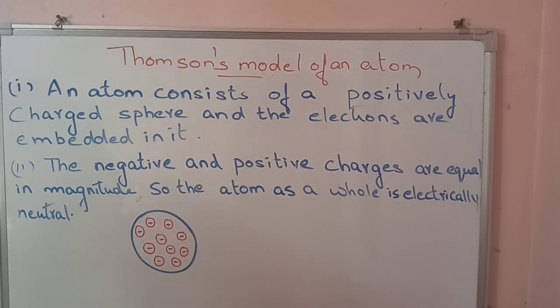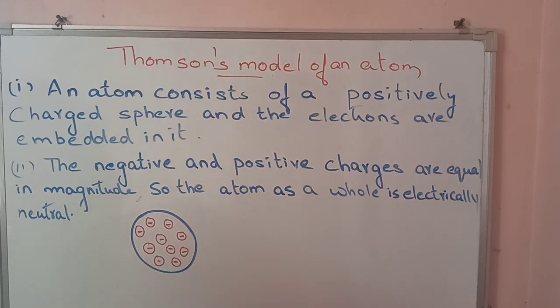This Thomson's model of atom is also called the watermelon model. The positive charge in the atom is spread all over like the red edible part of the watermelon, while the electrons are embedded in the positively charged sphere like the seeds in the watermelon.